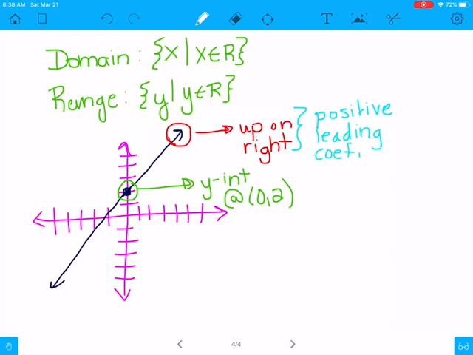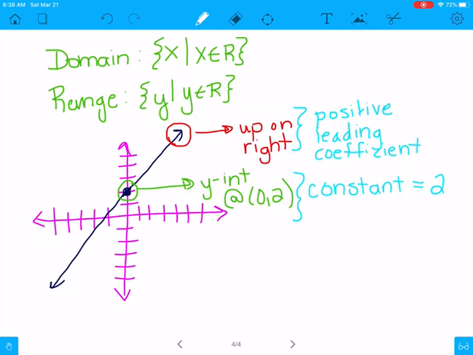If it was down on the right, I'd have a negative leading coefficient. That's it. And my y-intercept tells me what my constant is. My constant, in this case, equals 2. Cool, hey? And the domain and range will never change.